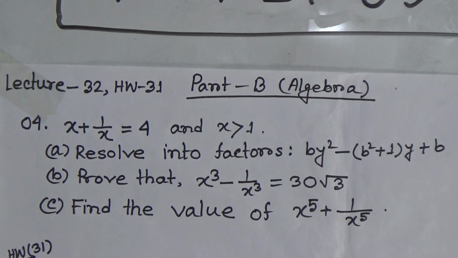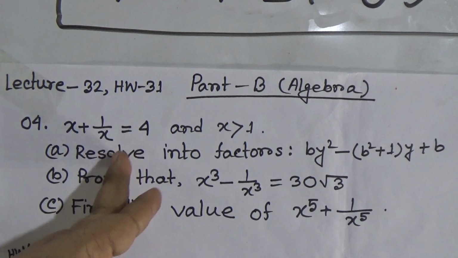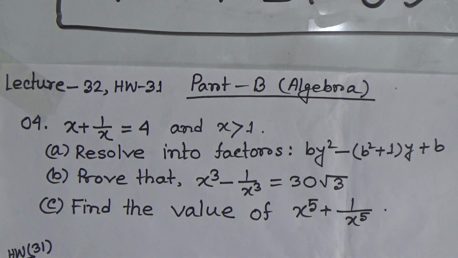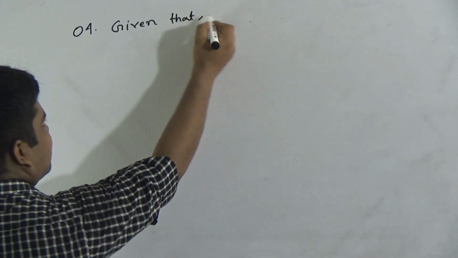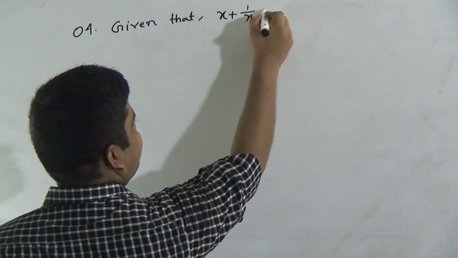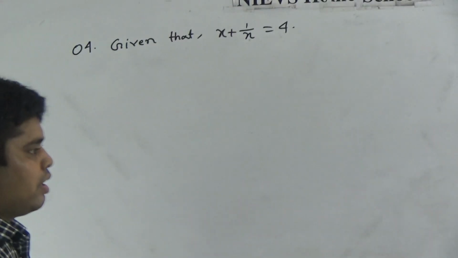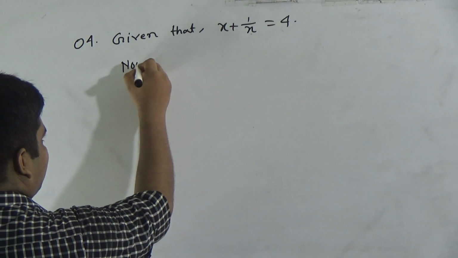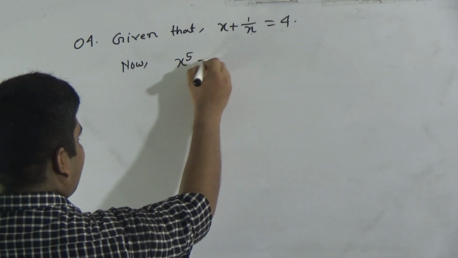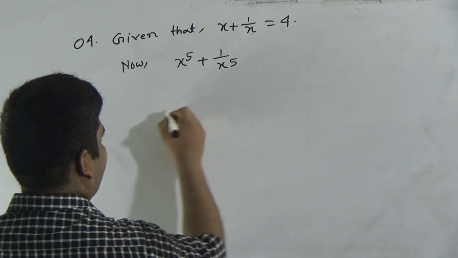C number question is find the value of x to the power 5 plus 1 by x to the power 5 by using x plus 1 by x equals 4. Okay. So, first of all we write given that x plus 1 by x equals 4. Now, my dear students, the given expression is x to the power 5 plus 1 by x to the power 5.